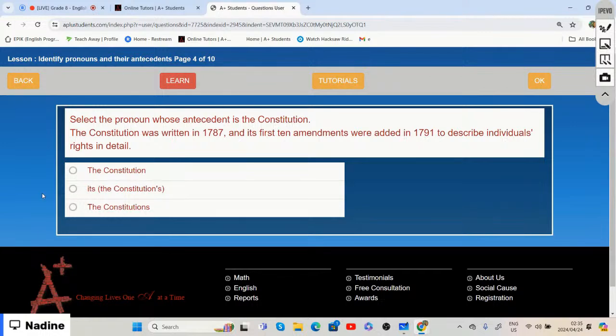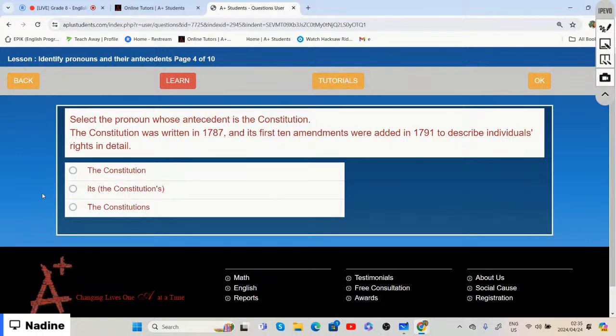All right. The Constitution was written in 1787, and its first 10 amendments were added in 1791 to describe individuals' rights in detail. We need to now identify the pronoun and the antecedent within the sentence.